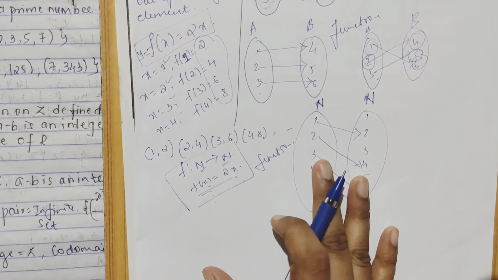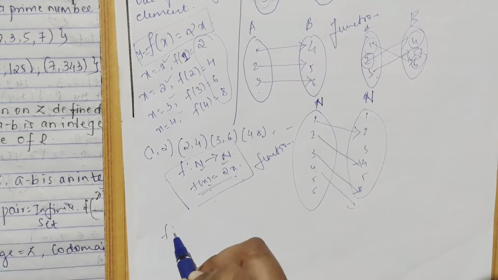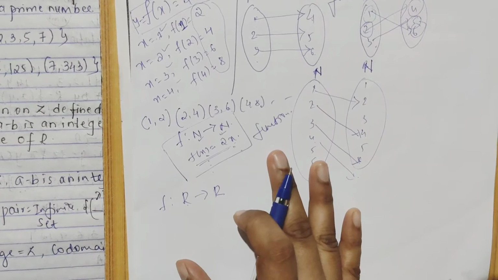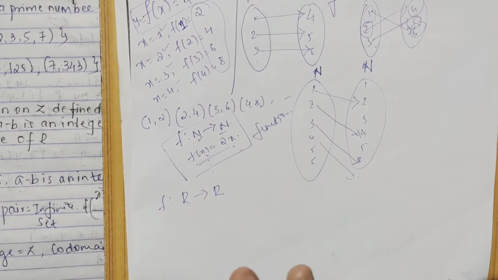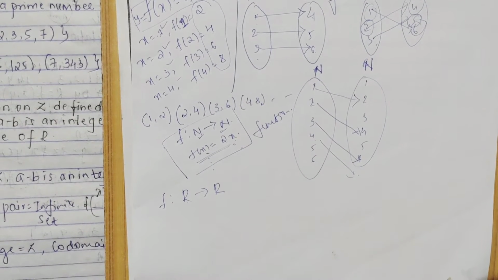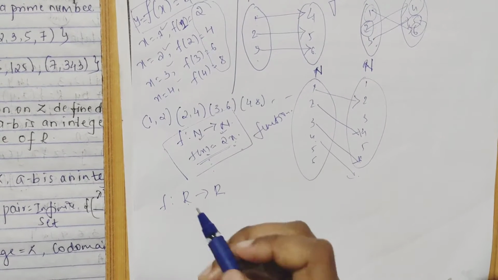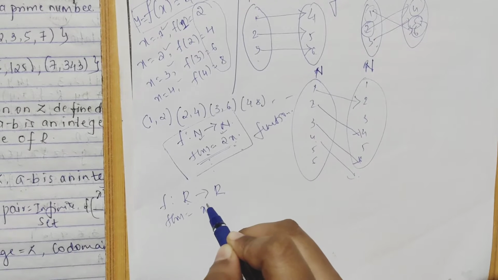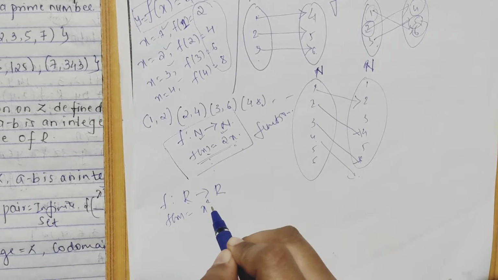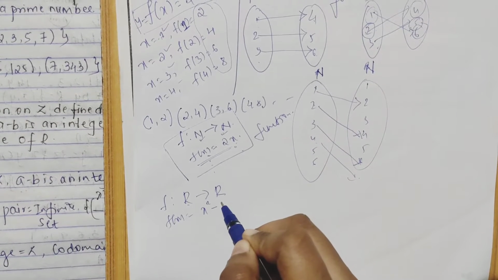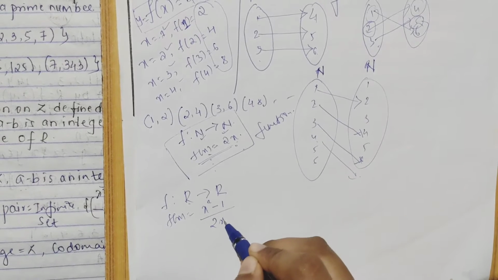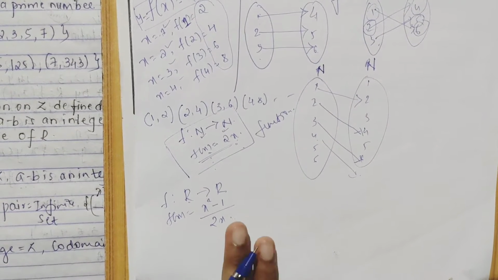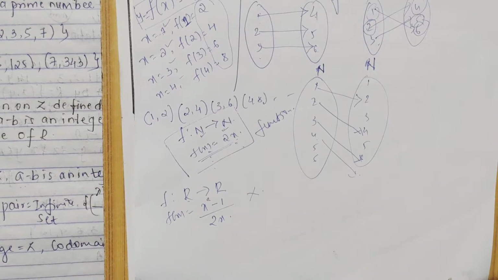Now suppose I take f from R to R. R means what? My real numbers, right? We have gone through what real numbers are. They include natural numbers, whole numbers, integers, rational numbers, and also irrational numbers. Now here if I give f of x equal to (x square minus 1) divided by 2x as the condition, by seeing this only, I'll tell this won't be a function.